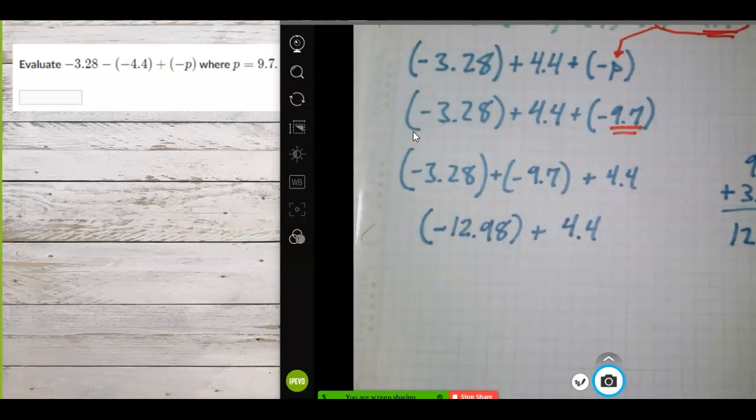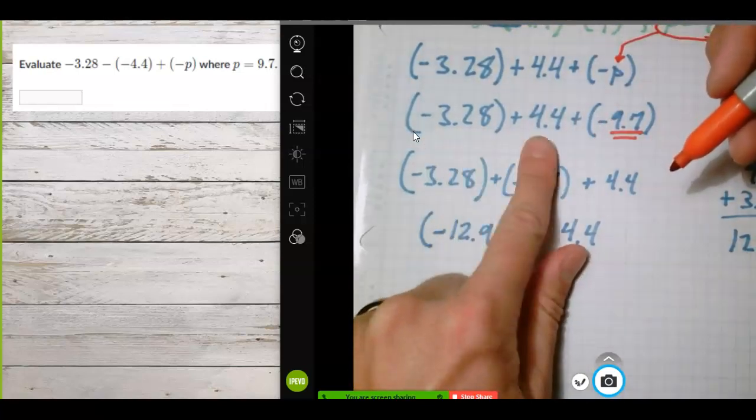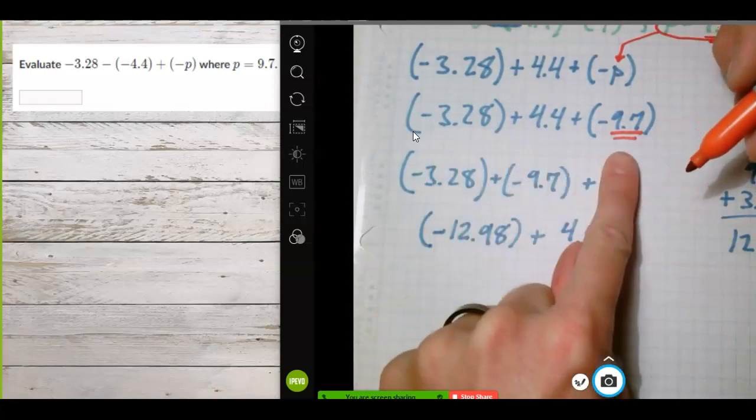Why did you move the negative 9.7 and 4.4? Why'd you switch them around? Yeah, thank you for asking. So we could pair up, or not pair up, but we could battle the negative 3.28 and the 4.4 and just do the addition left to right.